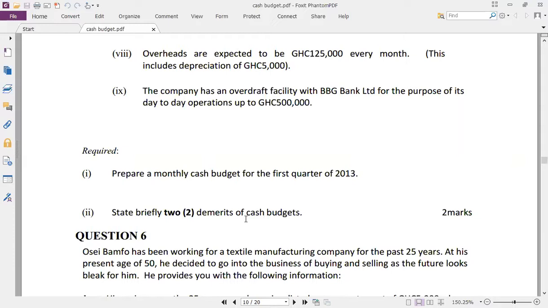Good. So that is it. And it's limited by risks and uncertainties. So in a trade where there is uncertainty of cash flows, a cash budget becomes irrelevant. You yourself know that you can receive money at any time, you can pay money at any time.